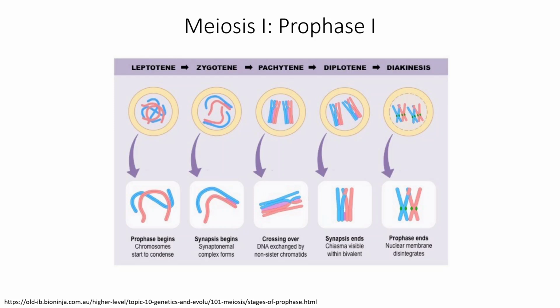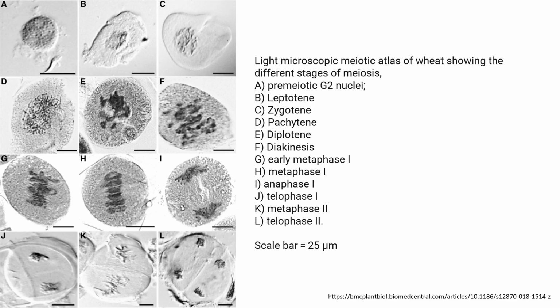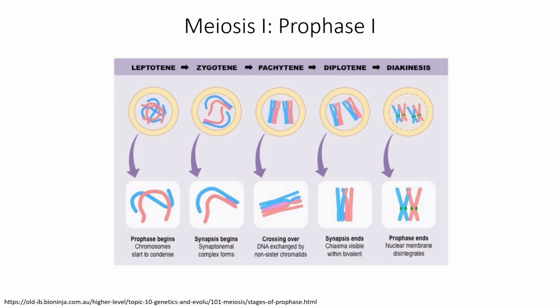In prophase 1 there's so much going on that we've divided it up into 5 different sub phases: leptotene, zygotene, pachytene, diplotene, and diakinesis. I have some nice images for you here as well, but I'll just explain the phases in brief before we go ahead to that.